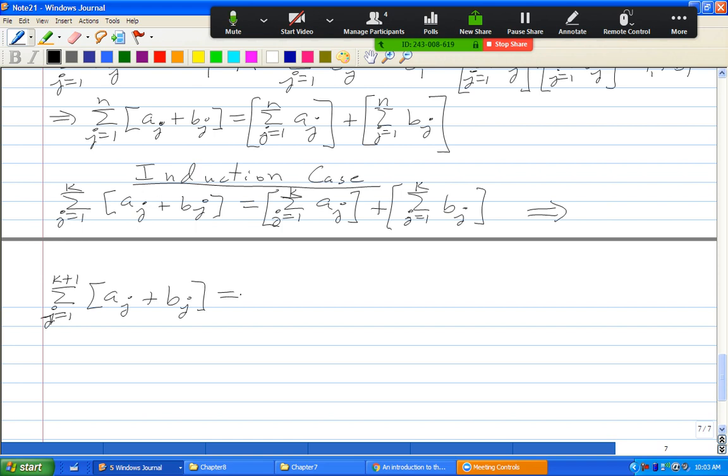By definition, this is equal to the sum j equaling 1 to k of a j plus b j plus, so this term, the kth term plus the k plus first term.